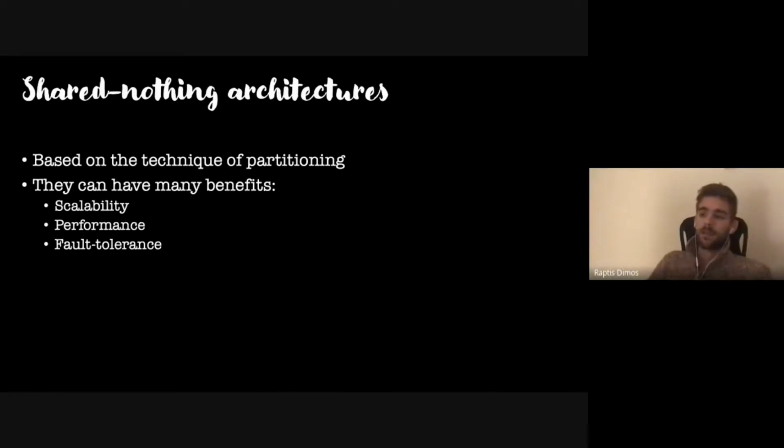This technique of scaling is known as horizontal scaling, because we essentially scale the system by adding new resources, new servers. It comes in contrast with another technique known as vertical scaling, where instead of adding new resources, we replace the existing resources with more powerful ones. So we can get a more beefy server, for example. The shared nothing architectures leverage mostly horizontal scaling.